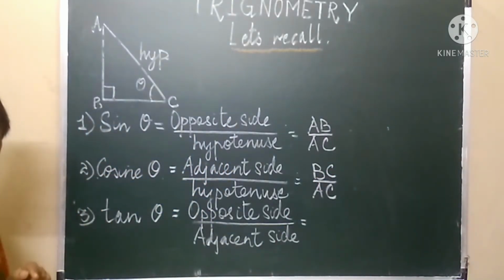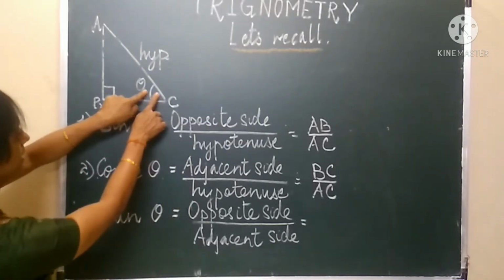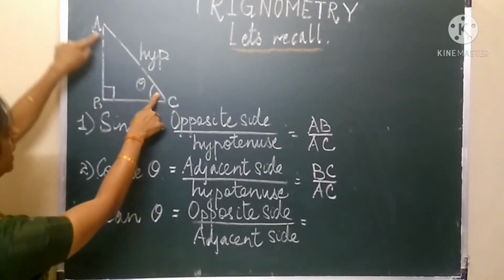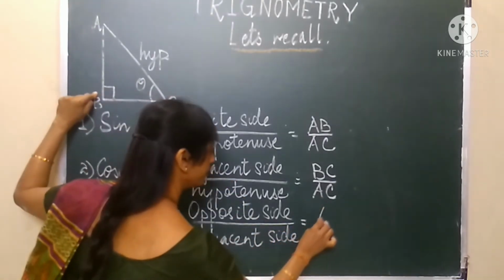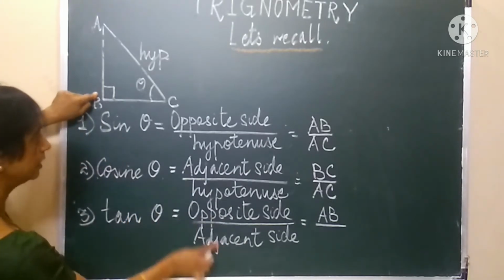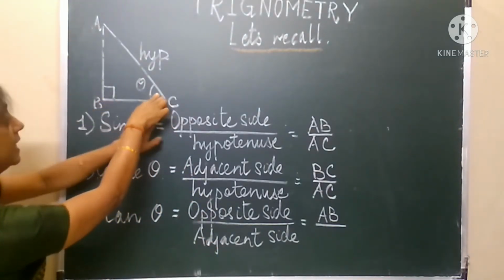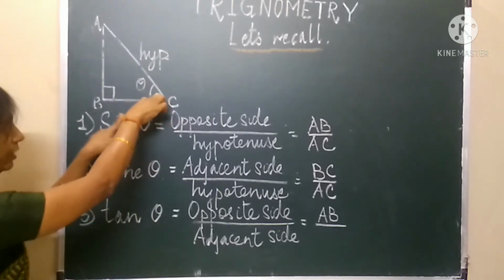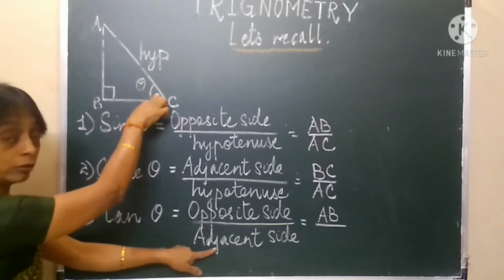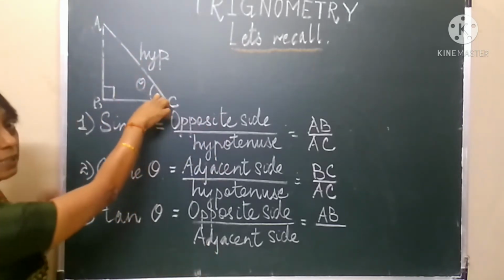Let's move on to find the tan ratio of the same acute angle, that is opposite side of theta, that is AB, upon the adjacent side. So for angle theta, AB is the opposite side and the adjacent side, as we already know, is BC. It's not written hypotenuse, so let's be careful not to substitute AC in the denominator.